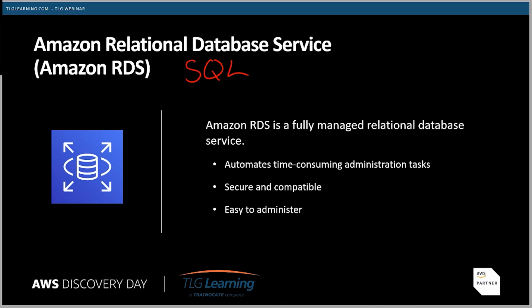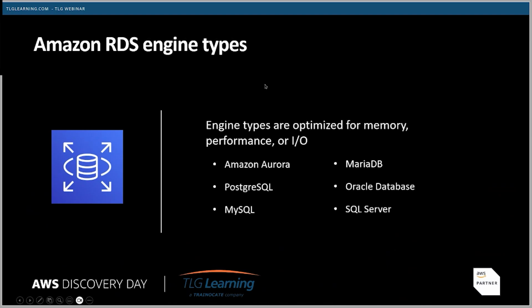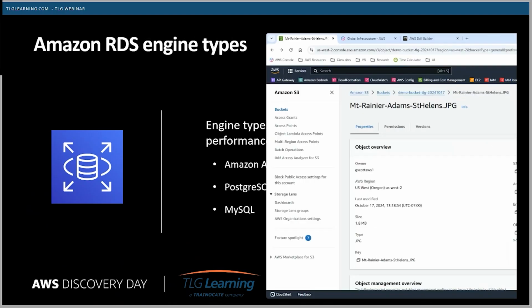So these are very common types of databases, and using RDS allows you to run a variety of database engines. I mean, what database type are we talking about? Is it an Oracle database? Is it Microsoft SQL Server? Or is it something else? It allows you to run that on AWS. And you have a number of database types available.